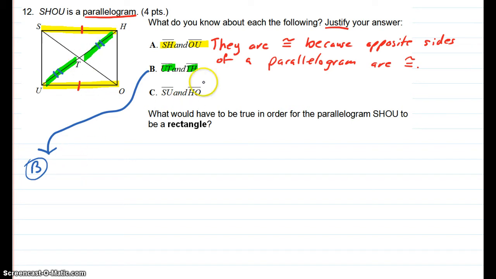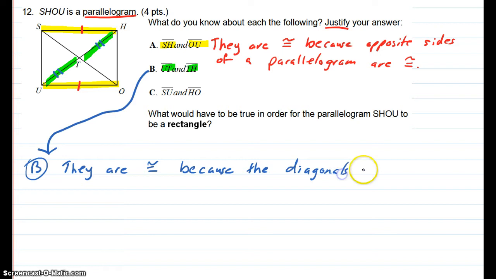So we know that these two pieces are congruent. So they are congruent because the diagonals of a parallelogram bisect each other.